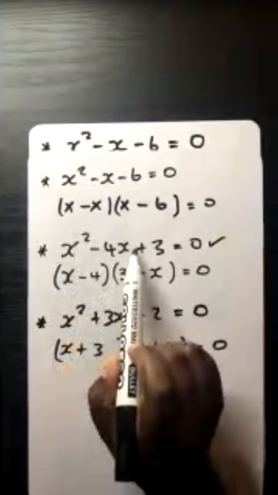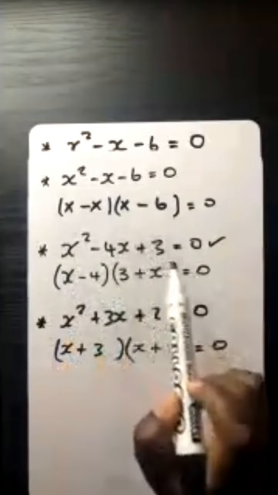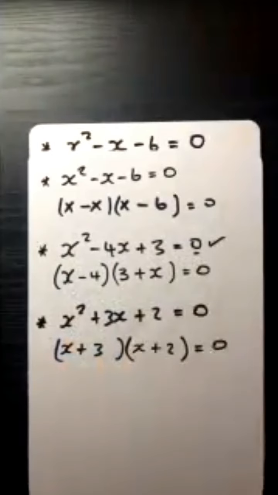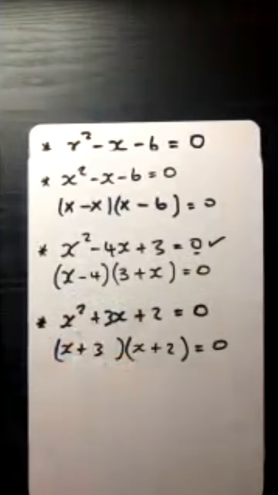I'm just interested in that order of starting with a term which has a letter squared, the middle term being a term with a letter, and the third term being a number. And most importantly, it has to be equated to 0. Then I know it's in the standard form.